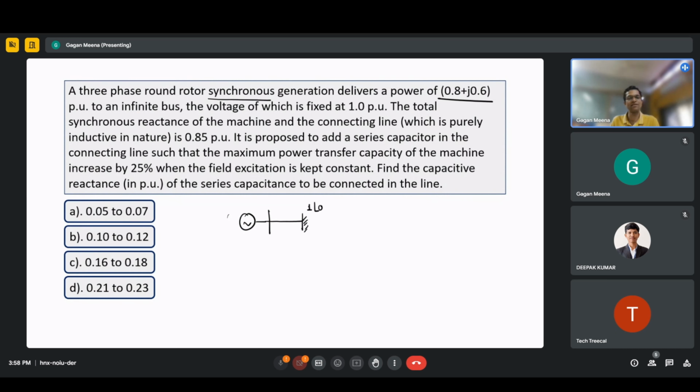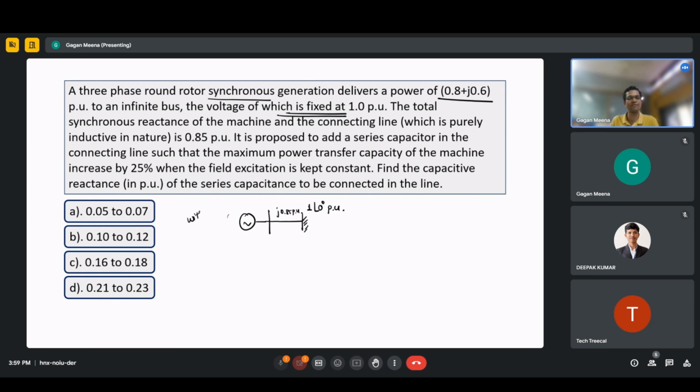Infinite bus means it is at angle 0, and the voltage is fixed at 1.0 per unit. The total synchronous reactance of the machine and the connecting line is 0.85 per unit. Machine plus line. It is proposed to add a series capacitor.